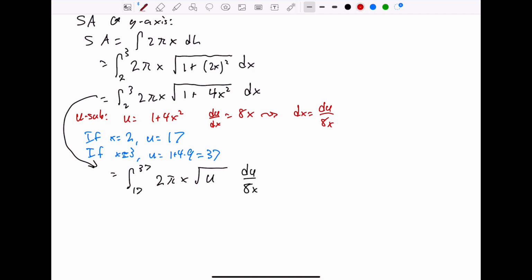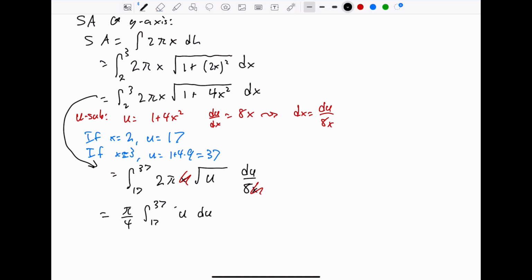Now we can cancel the x here. That's convenient. And I have the 8 in the denominator. I have the 2 pi. These are just constants, so I'm going to take those constants out front. 2 over 8 is the same as 1 over 4. So really I have a pi over 4 that I can take out. So I have pi over 4 times the integral from 17 to 37 of the square root of u du.